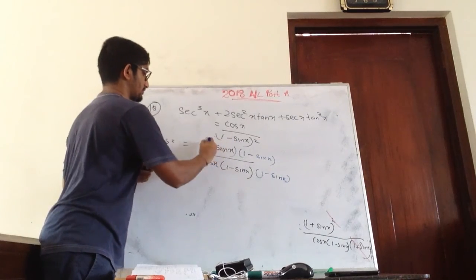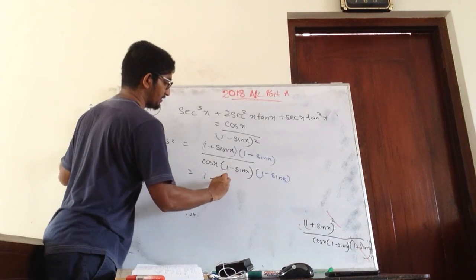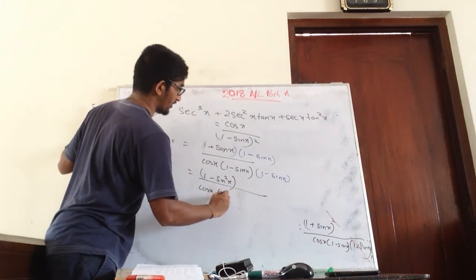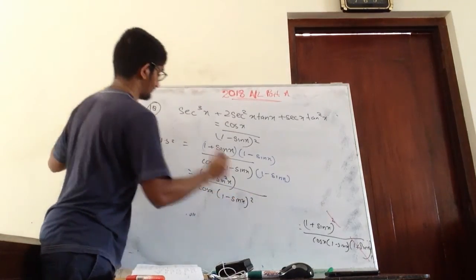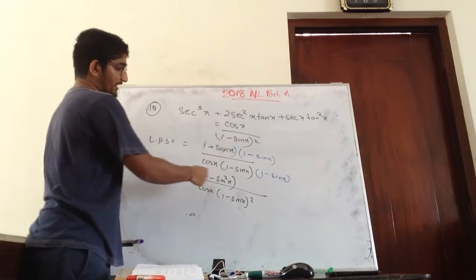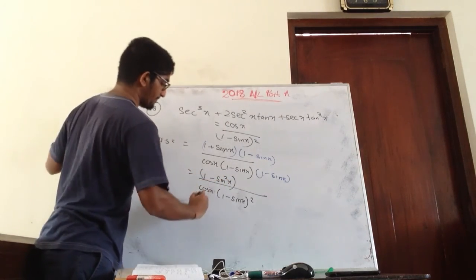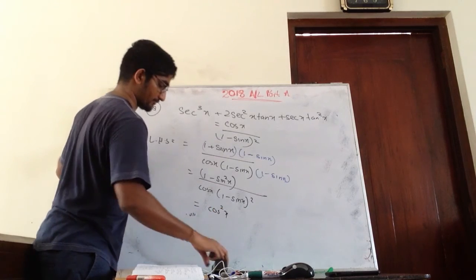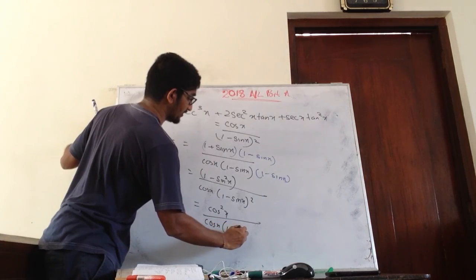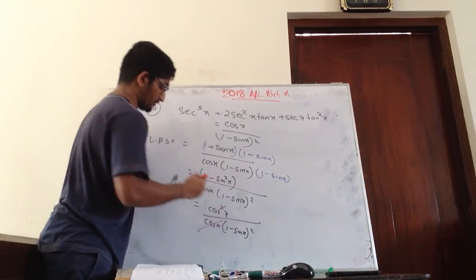Then I will get 1 minus sin squared x over cos x (1 minus sin x) squared. Now what is 1 minus sin squared x? It is cos squared x, no? I will get cos squared x over cos x (1 minus sin x) squared. So what I can do is cut one of these cos x off, then I will get the answer.